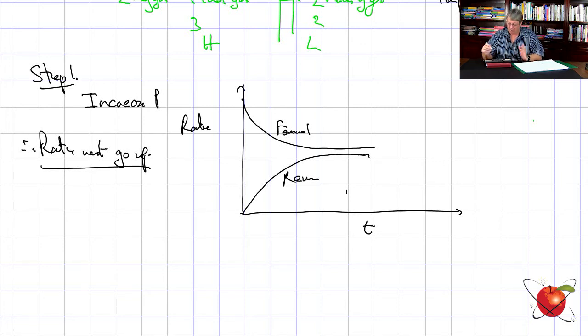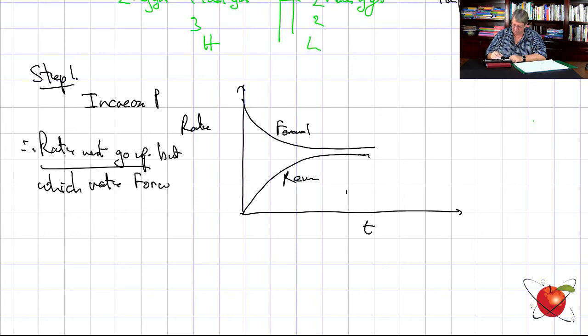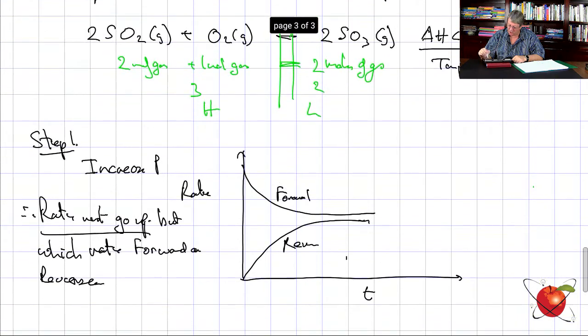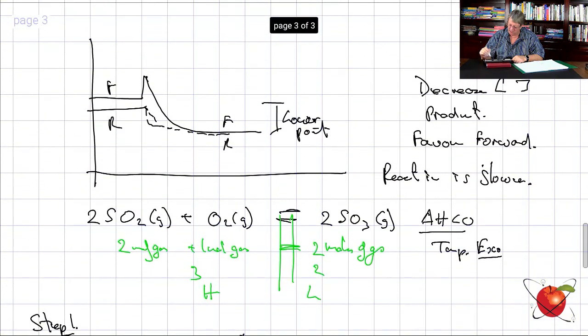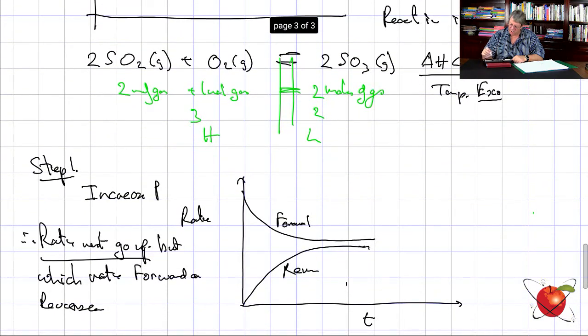Therefore, which one was I favored? The rate must go up, but which rate, forward or reverse? Let's see. Now we go back to our equation and we see, if I increase pressure, I am going to favor the forward.